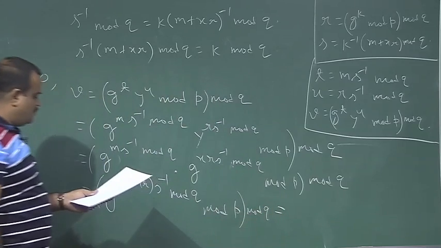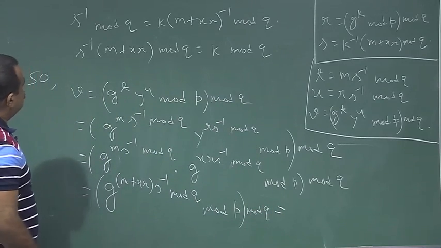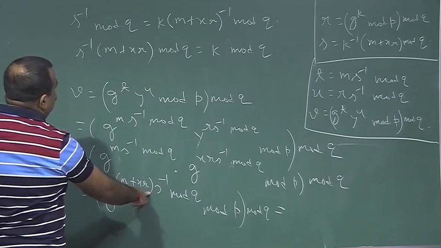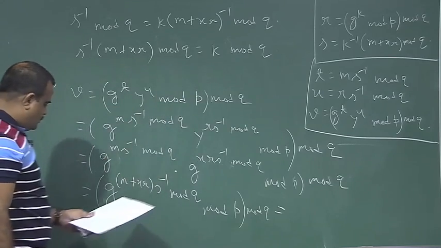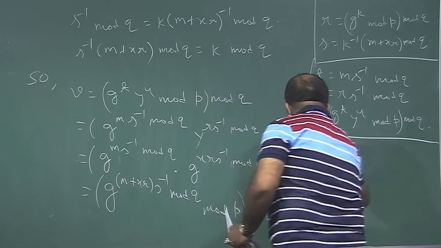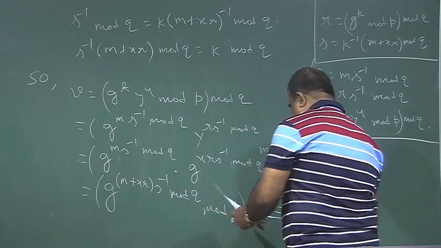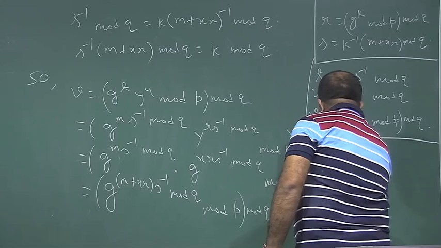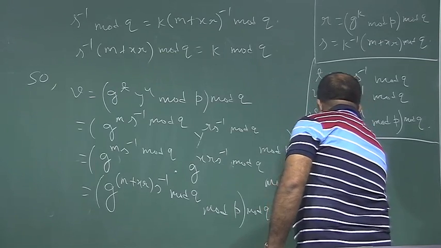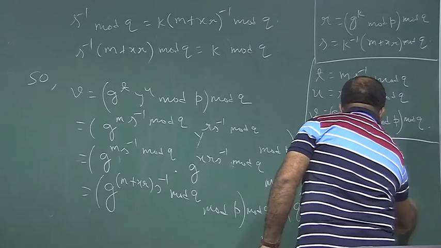And this is equal to what? We know this S inverse mod p is equal to k. So, this is basically g to the power k mod p, mod q.